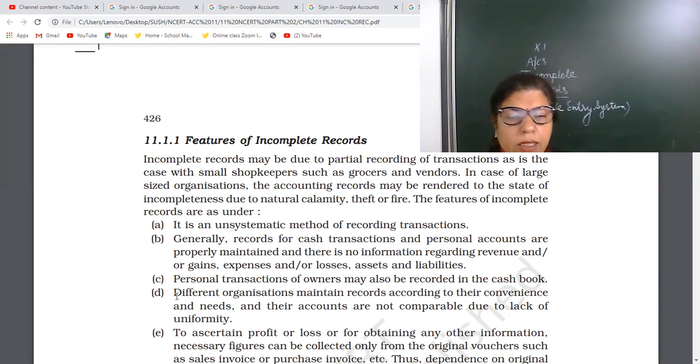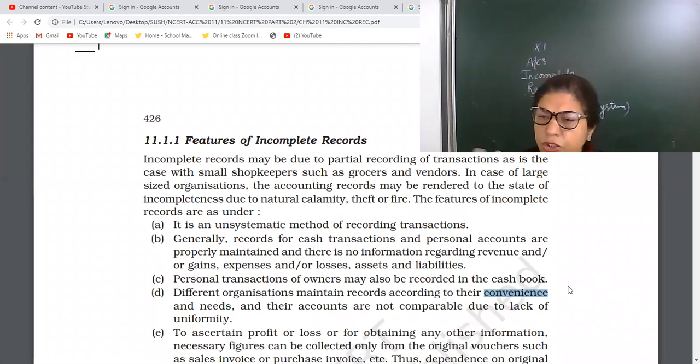And this is also one feature that they maintain records according to their convenience and needs, and there is no uniformity. See, if they are selling on credit to one person, they maintain his account. If they are not selling, they are not maintaining, means there is no uniformity in their accounts.